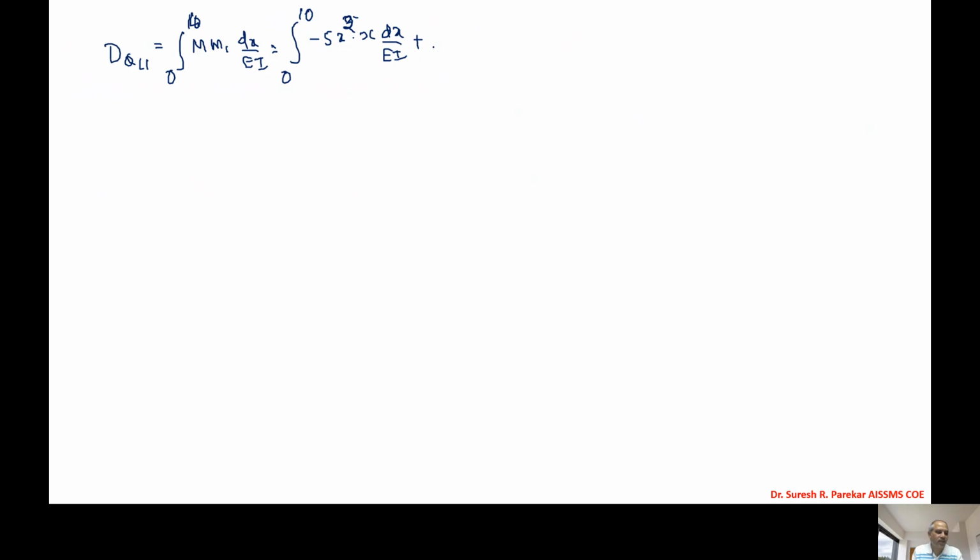Then plus we have second, 0 to 5, we have 200x minus 2000 into 20 minus x, plus we have third, 0 to 5 again, and we have this value 100x, that we have simplified, minus 1000 into 15 minus x. And then we have everywhere dx upon EI.